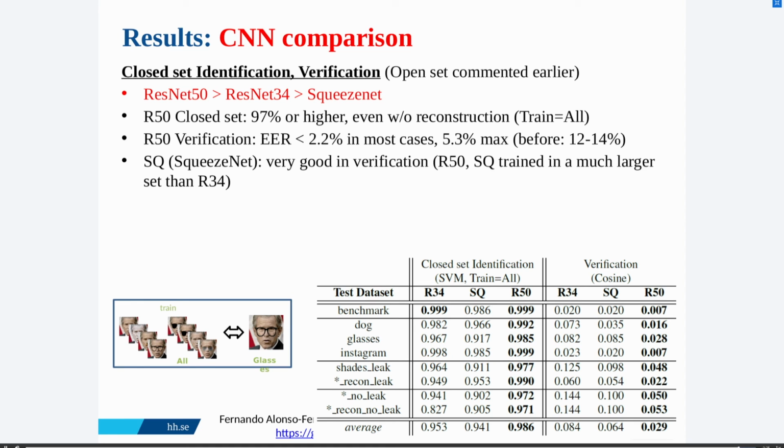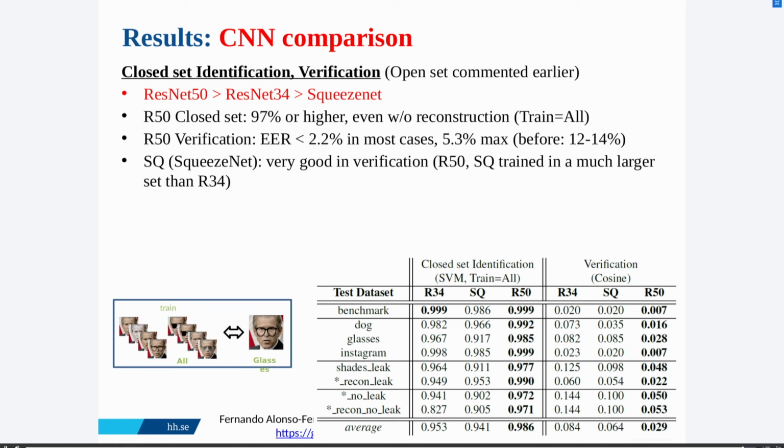A good question would be, what about if we get a new modification? And that's something that I predict that some of you will ask. Also in verification, it's giving pretty good results, EER below 2.2% in most cases. Before, with ResNet 34, there were some cases where you get 12, 14% EER. And SqueezeNet, this column here, is doing relatively good in verification.